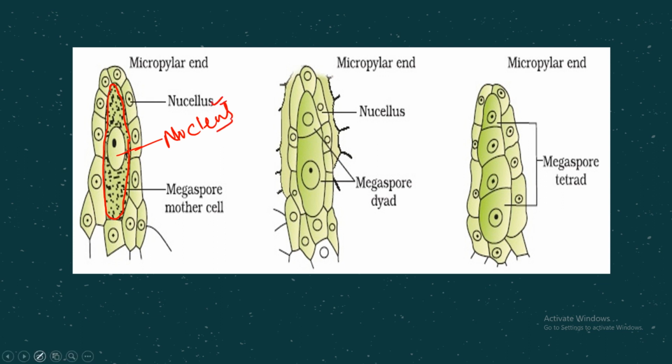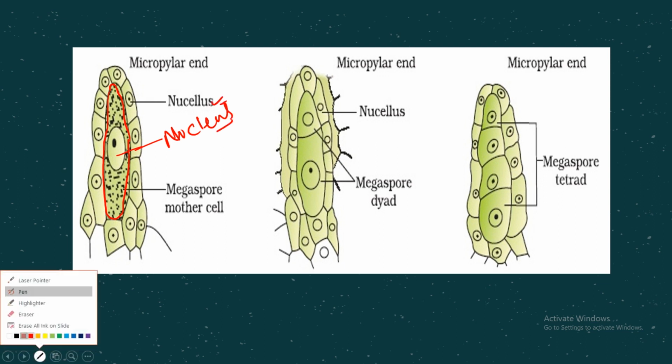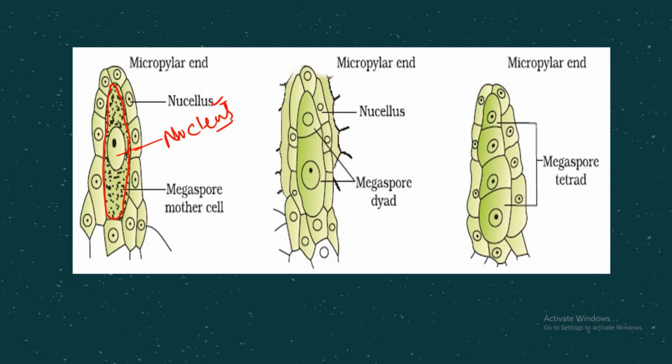Now, if you come to the concept, this cell is the megaspore mother cell. We know they are diploid, and surrounding the megaspore mother cell we find the presence of the nucellus cells. And what is the function of the nucellus? Yes, you are correct. It helps to supply nutrition to the megaspore mother cell.